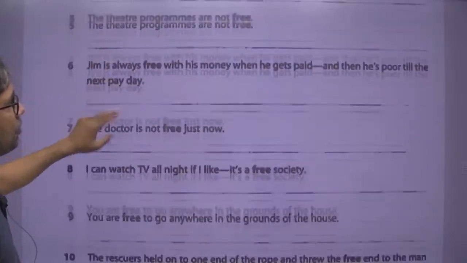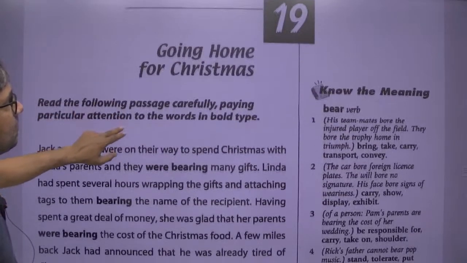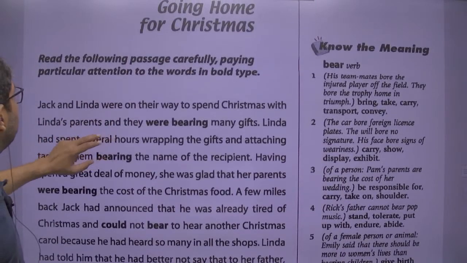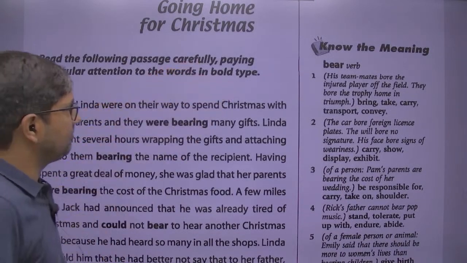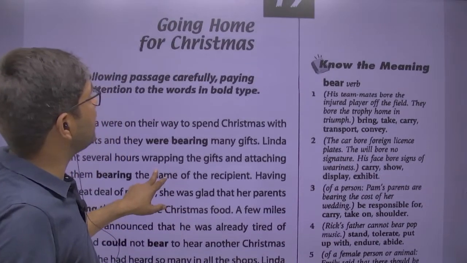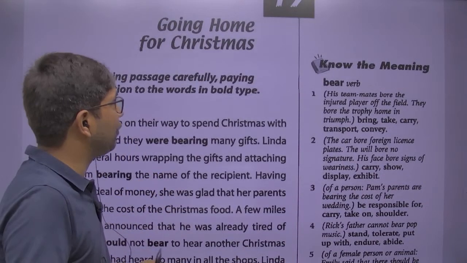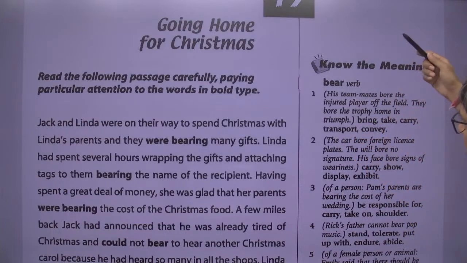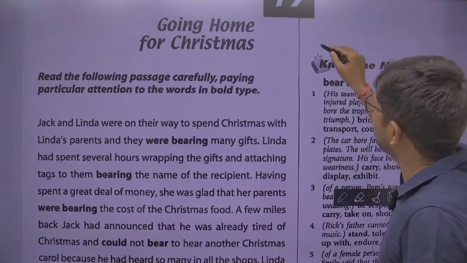Now we will move to chapter 19, and the word of this chapter is bear, and the title of the chapter is Going Home for Christmas. And the word bear has some meanings. Again, it is a verb, and you know how it goes.